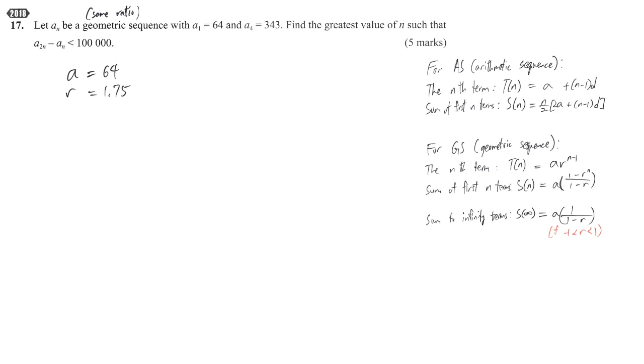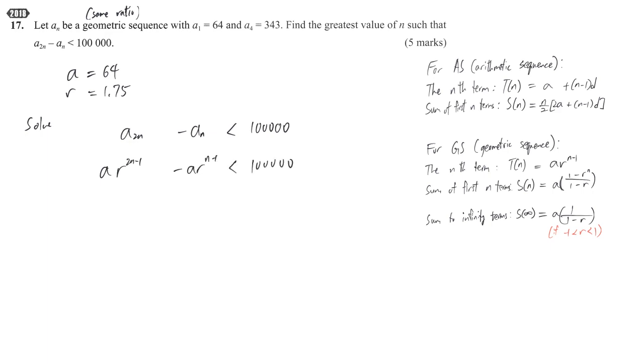We are going to solve this condition, and then we are trying to find the greatest n fulfilling this requirement. So we must start from the question: the 2n term minus the n term will be smaller than this target. So based on our equation here, this is A R power of 2n minus 1. This is A R power of n minus 1.